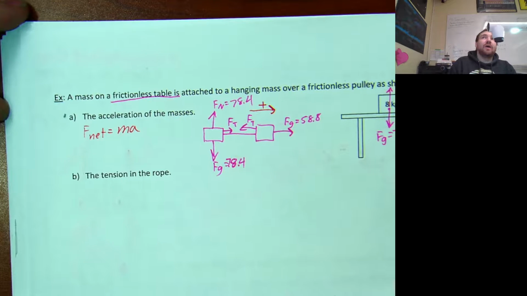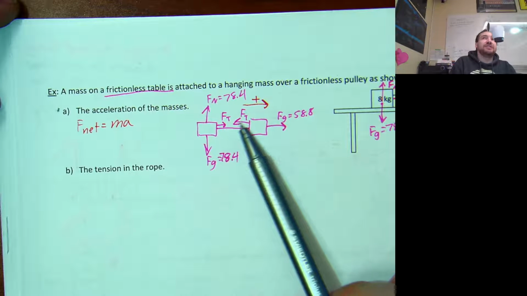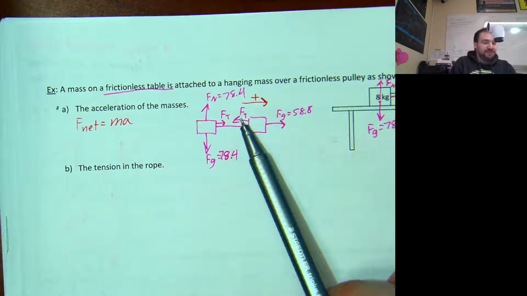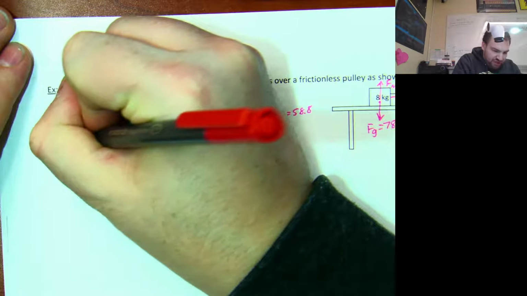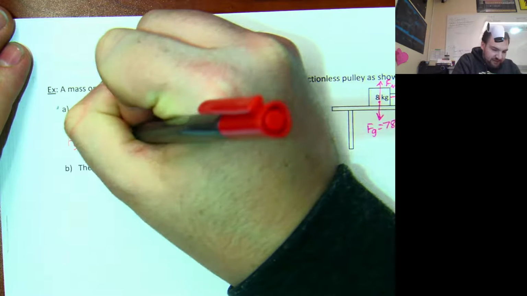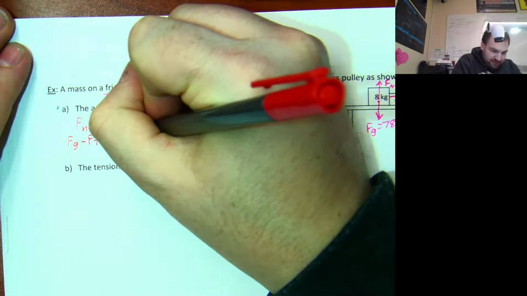So one of these tensions is going to be negative, that one, and they're equal and opposite. We know that. So F net is going to be Fg minus Ft plus Ft equals ma.